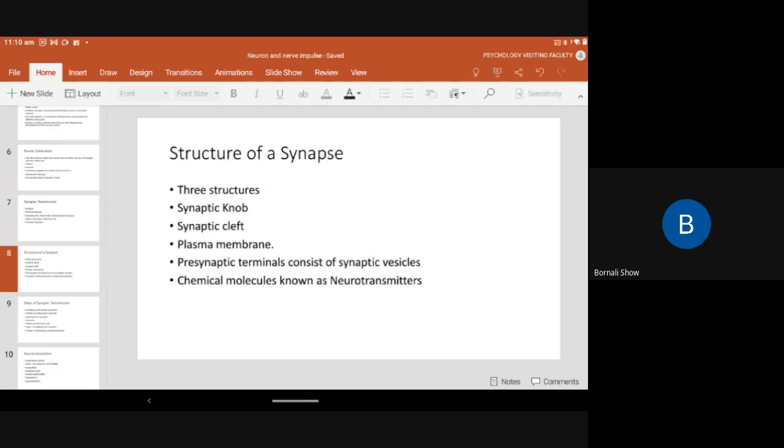For the long question, the synapse is very important. Then you may get questions like what is a neuron, what are the functions of a neuron, the types of neurons, and draw a diagram showing the structure of a neuron that I told you. These are very common questions from this chapter.